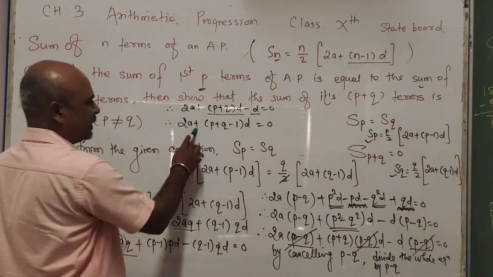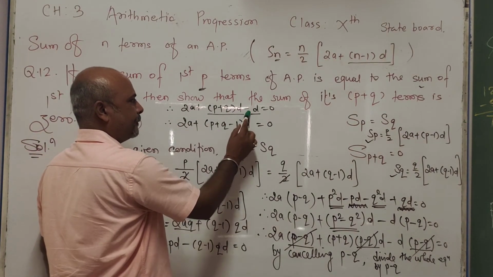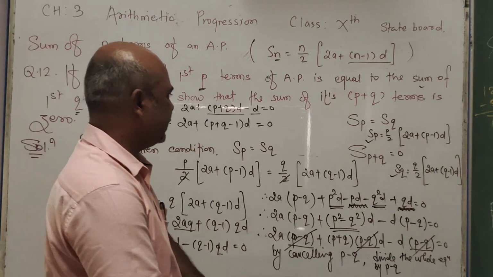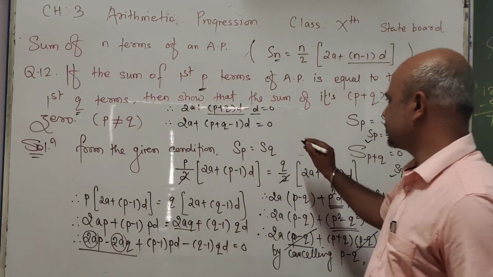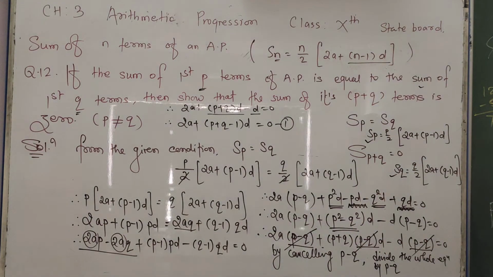So 2a plus p plus q minus 1 into d is equal to 0. Now we write this as equation number 1.